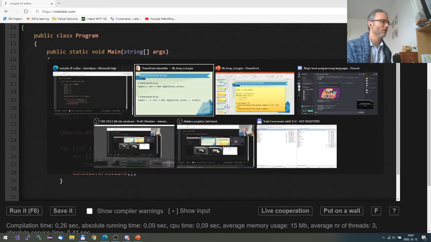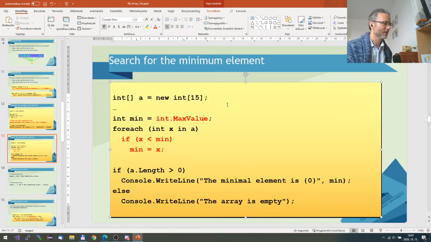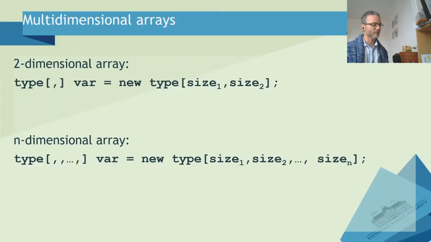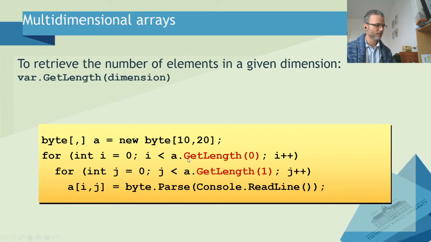Okay, long story short, please meet this guy here. This is how you can query the number of rows and number of columns. There is a getLength function inside an array which takes a parameter.